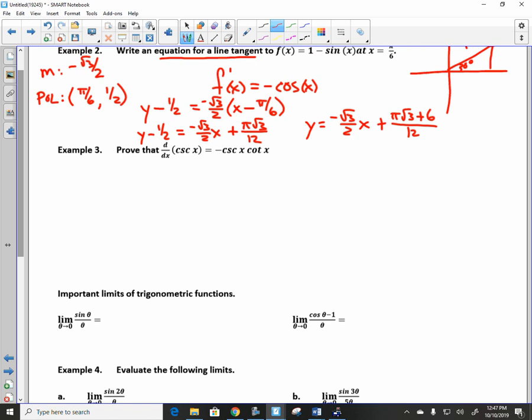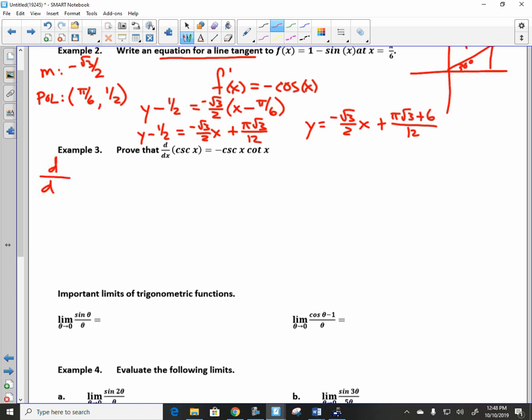So, last example, proofs. Here we go. Prove that the derivative of cosecant is negative cosecant cotangent. Yesterday we proved that the derivative of sine was cosine. So today we're going to prove this one using our results from yesterday. So, here's what we have.